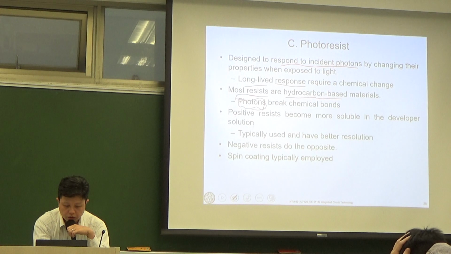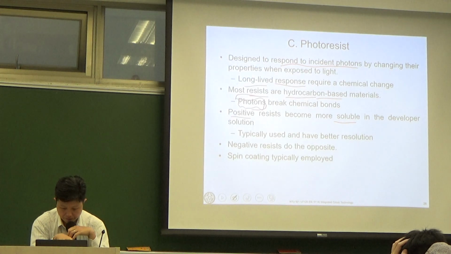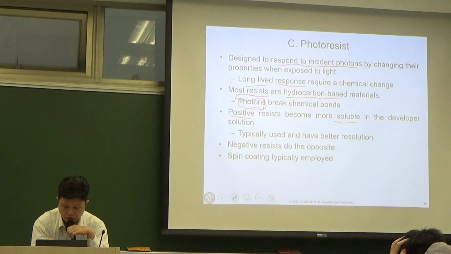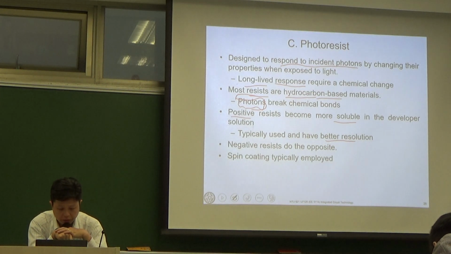Okay, and we have positive tone and negative tone resist. And we choose positive tone resist because it's more soluble in the development solution. And typically it will give you better resolution. Okay, so positive resist is often used in the device process.